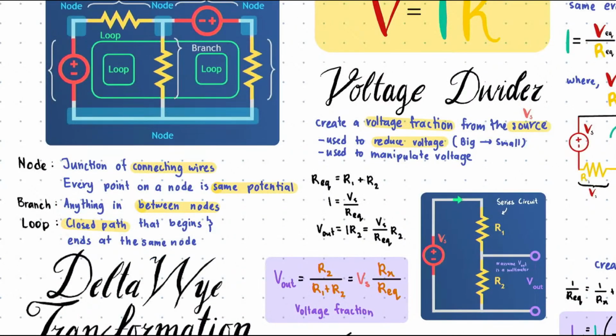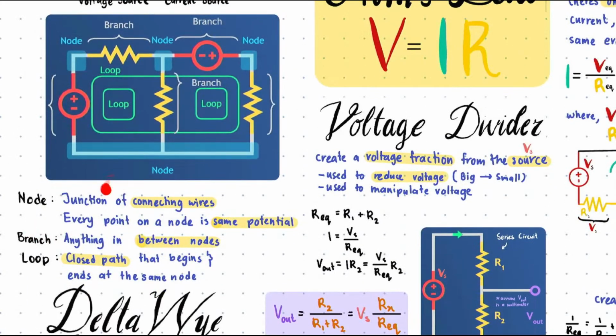So we talk about what is a node. Node is a junction of connecting wires. Every point on a node has the same potential. In the node, there will be always the same potential. So usually we will choose a reference node to keep track of all the different potentials in a circuit, which is this one. This is usually called a reference node.